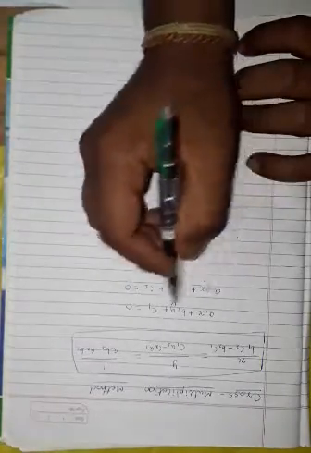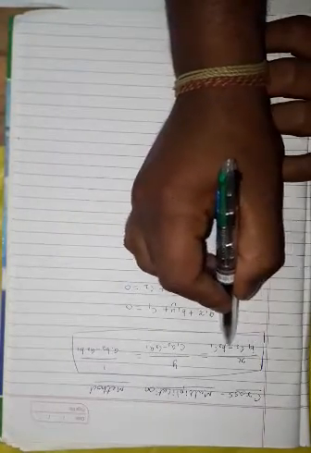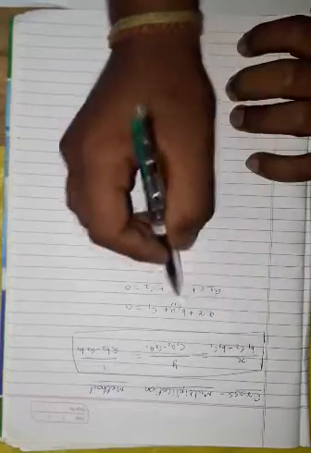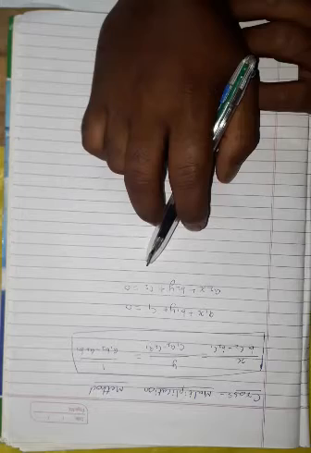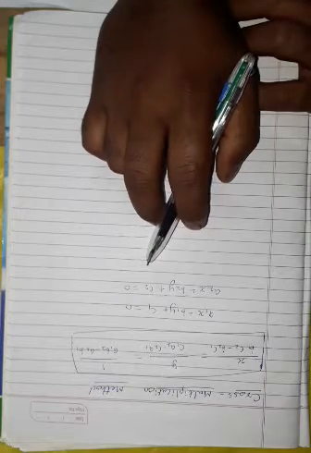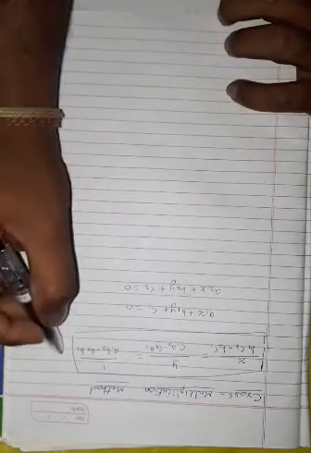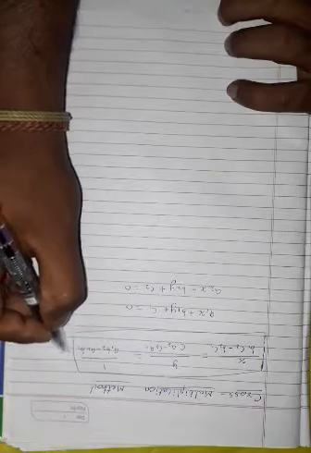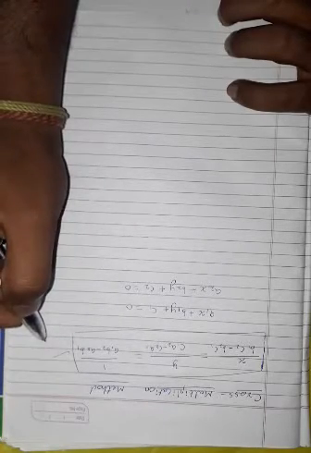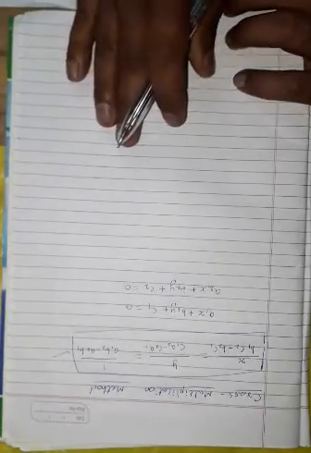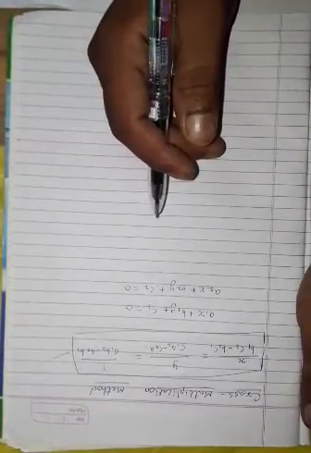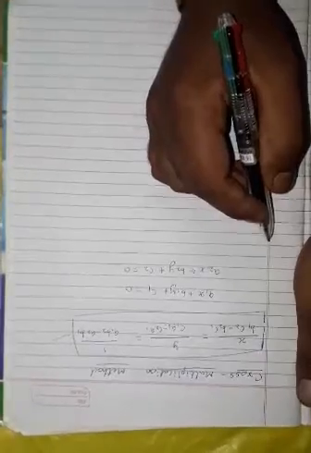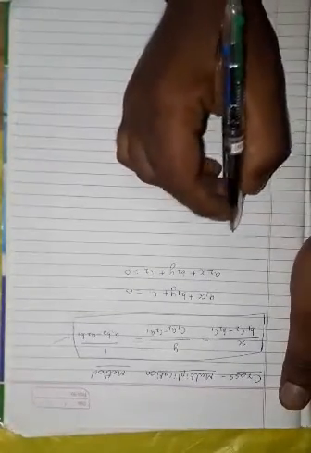All of these a, b are coefficients of the variables, through which we have derived the formula. You may find it difficult to remember this formula, so there is one more method you can follow.